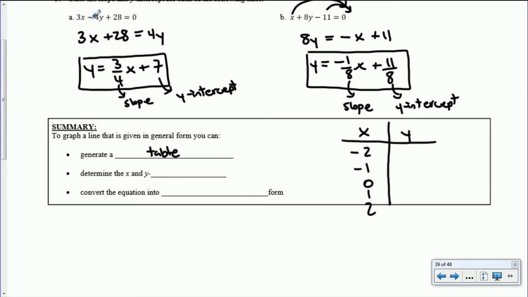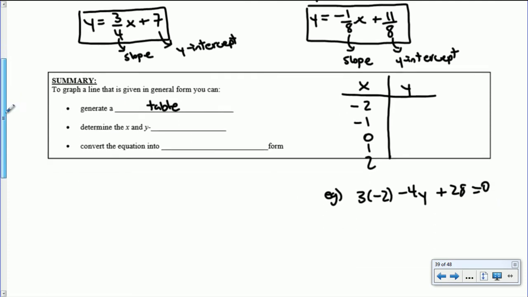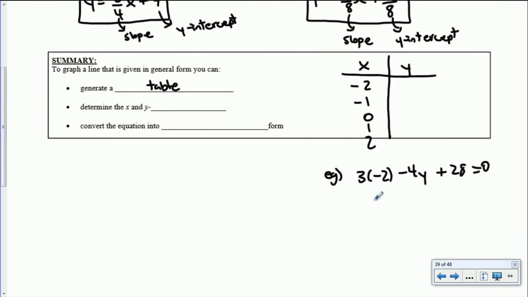So for example, for this one, 3x minus 4y plus 28 equals 0. If I put x is negative 2, I just need to solve this equation for y. So I'll do a little bit of a preview of what to do there.